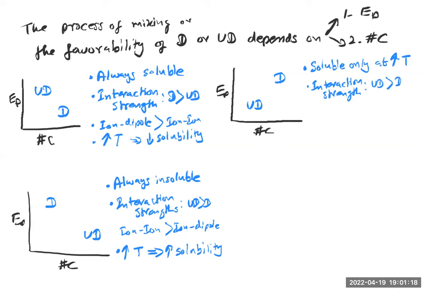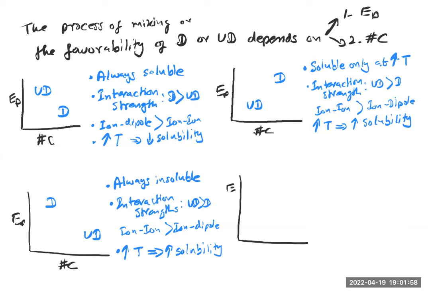This means the ion interactions are stronger than the ion-dipole interactions. And like we mentioned before, an increase in temperature will increase solubility. We can write that if you want. Okay, there's one more situation.